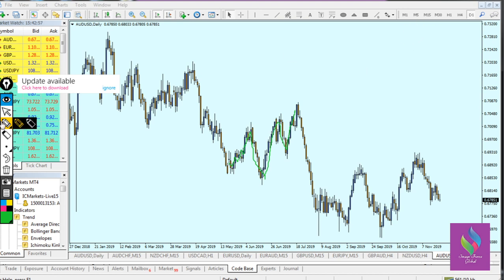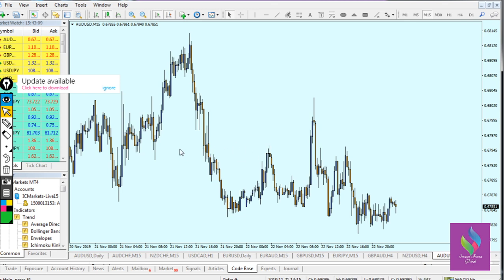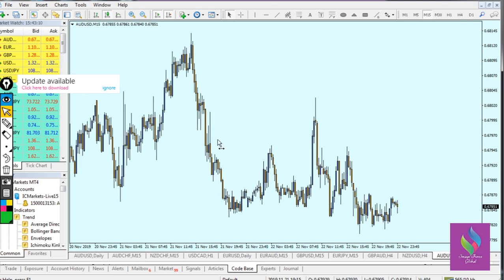Let me see if I can find some better examples right here. Okay, we have price moving. You can see price moving around this region, and it went up.